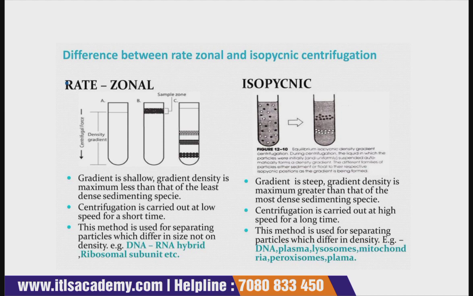Rate zonal is used for separating particles which differ in size, not density, such as RNA-DNA hybrids and ribosomal subunits, whereas isopycnic is used for separating particles which differ in density, such as DNA, plasma membrane, lysosomes, mitochondria, and peroxisomes.